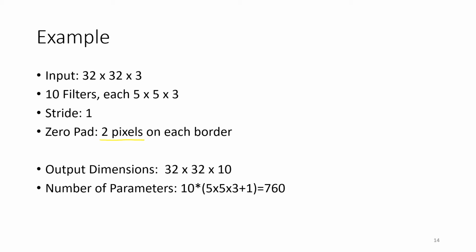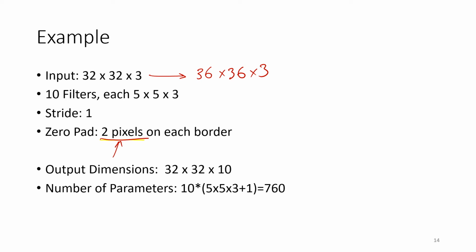So here what we need is to calculate the zero padded size. So this will be 36 by 36 by 3. The reason is we have 2 pixels zero padded, 2 at each side will be 4 pixels in total, so we have 36 by 36.